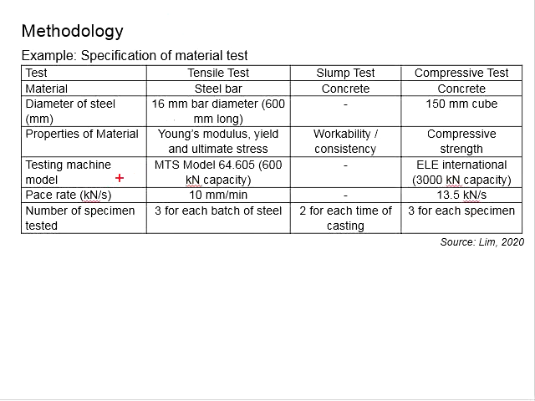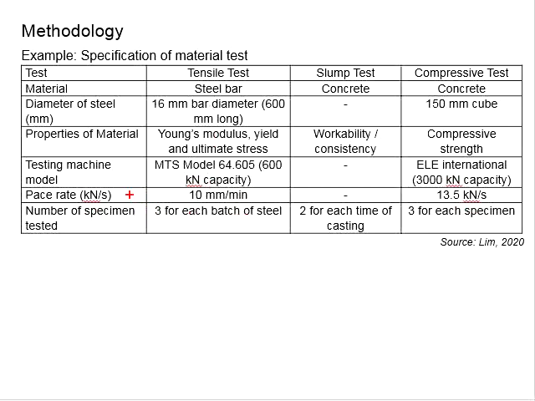Then you might need to provide the specifications in terms of the testing conditions, which in this case is the pace rate, kilonewton per second or mm per minute. This represents the rate of force being applied onto the samples, in measurements of elongation in mm per unit time.